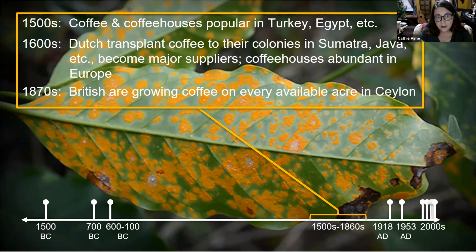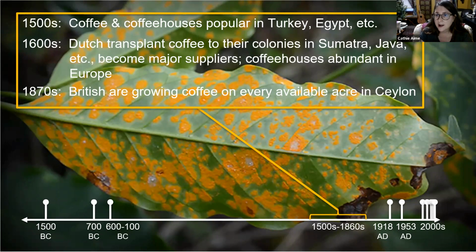And as a result of this, the Dutch and the British turned a lot of their colonial properties over to the growing of coffee as well. So for instance, Ceylon, which is now Sri Lanka, was a British colonial property in the 1870s.